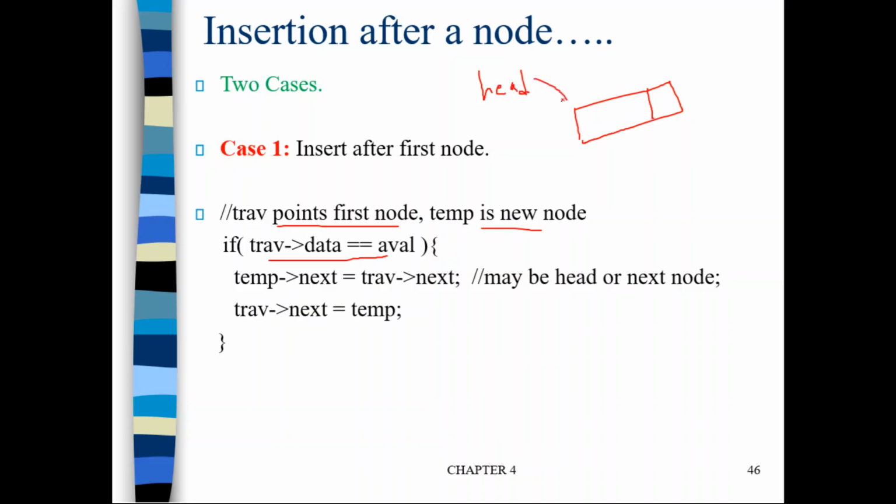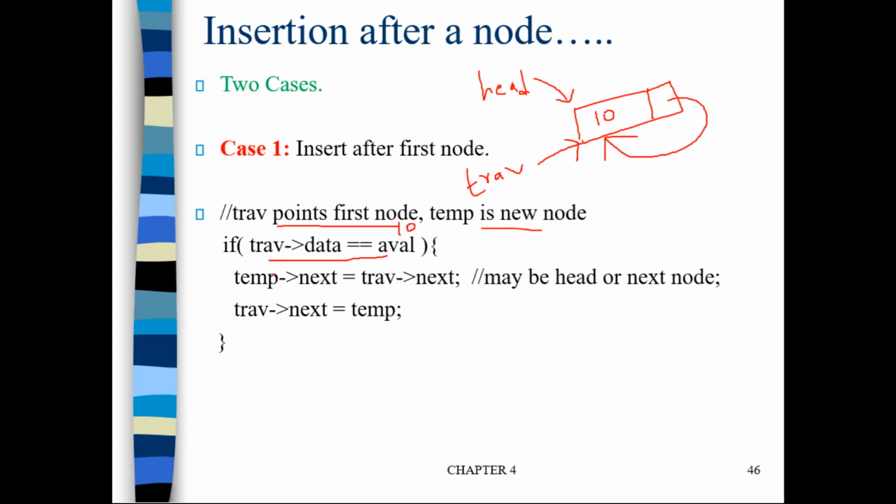Head is pointing to this node, traverse is also pointing to this node, and this node's next is also pointing to this node. Say its value is 10, and val is also 10, let us assume.